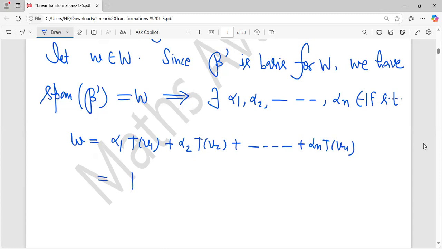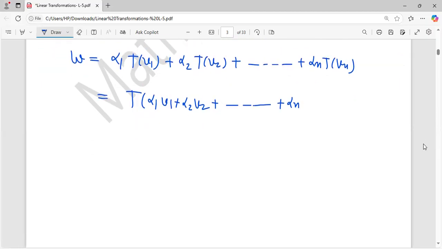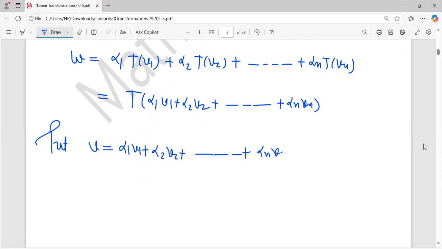So by the linear property of T, put v is equal to alpha 1 v1 plus alpha 2 v2 plus up to alpha n vn.